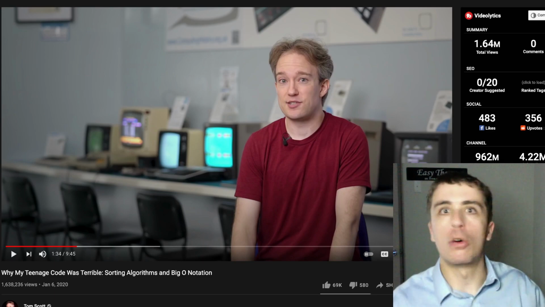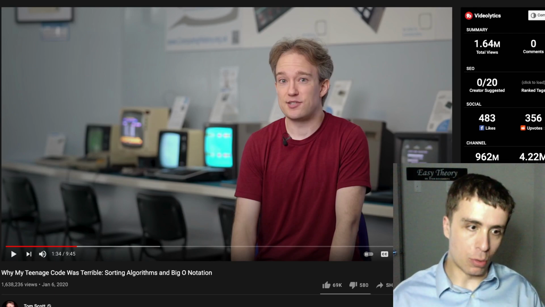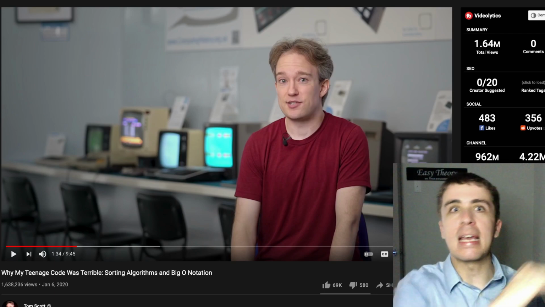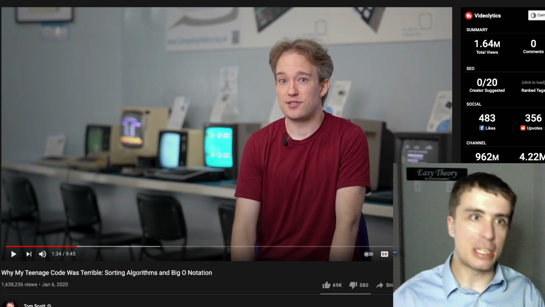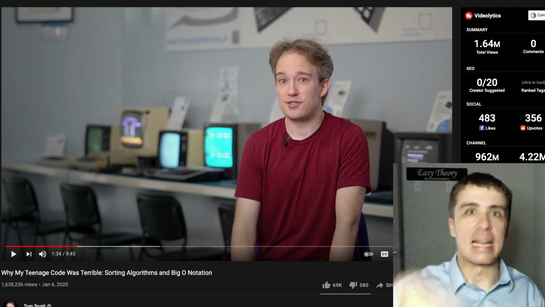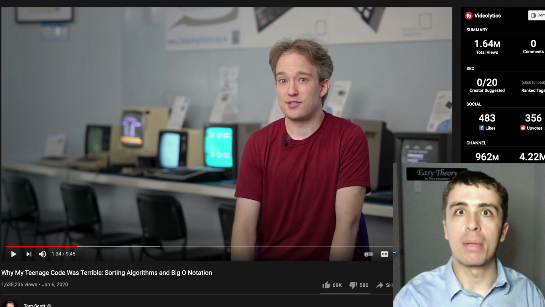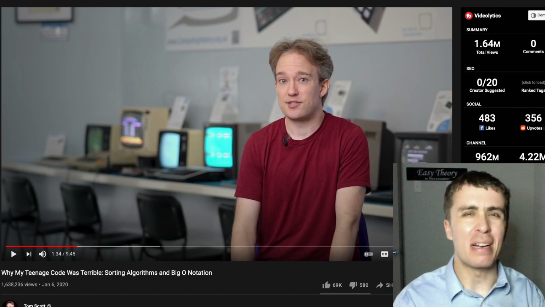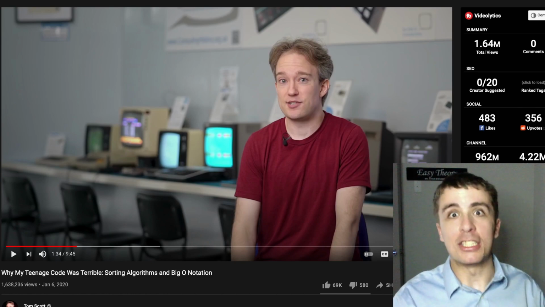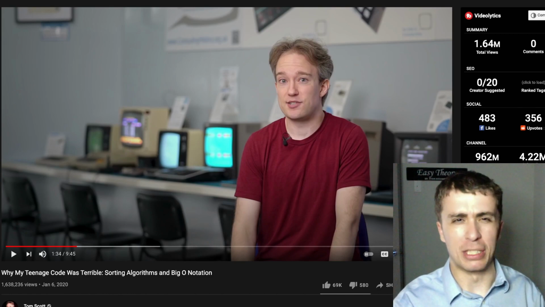So how much slower does it get over time? Does it only grow logarithmically in the size of the data set, or is it linear, or is it exponential, or what is going to happen? And so he probably implemented a sort that is not very good, and that's the reason why his code was pretty slow. So let's see.